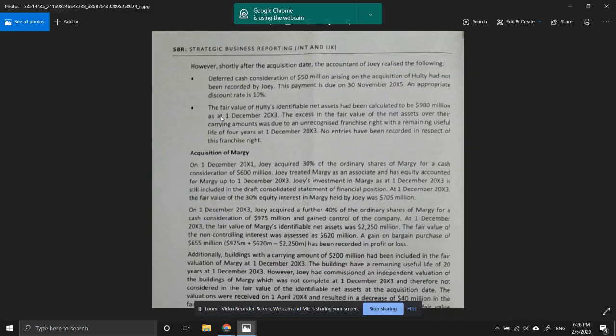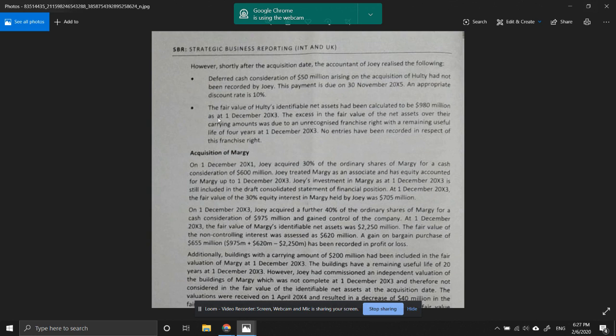However, shortly after the acquisition date, the accountant of Zoe realized that a deferred cash consideration of 50 million arising on the acquisition of Hulti had not been recorded by Zoe. The payment is due on 30th November 20x5. An appropriate discount rate is 10%.